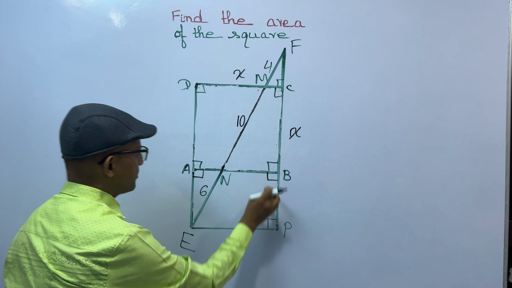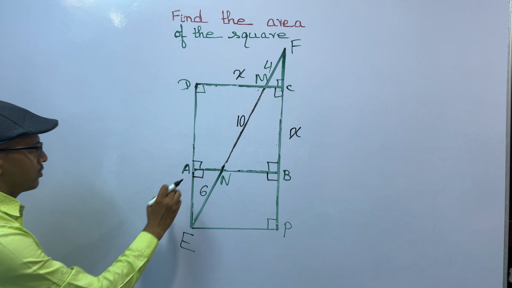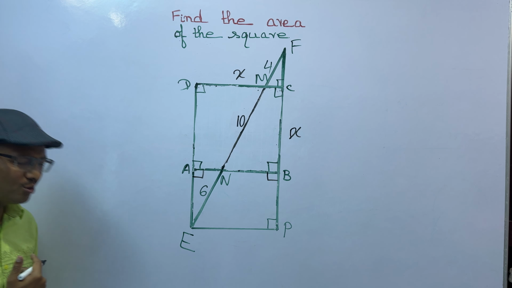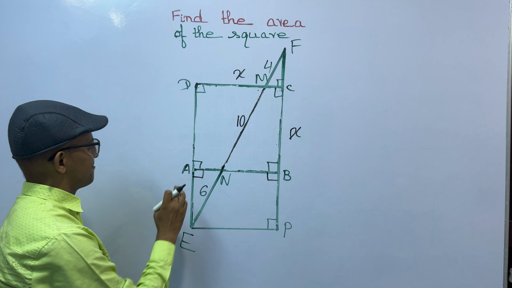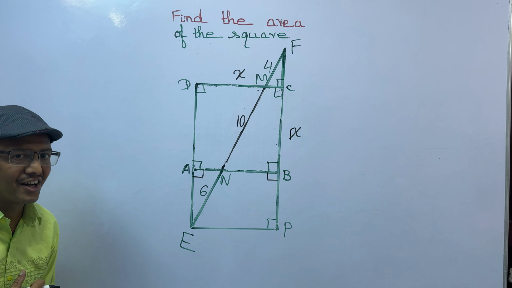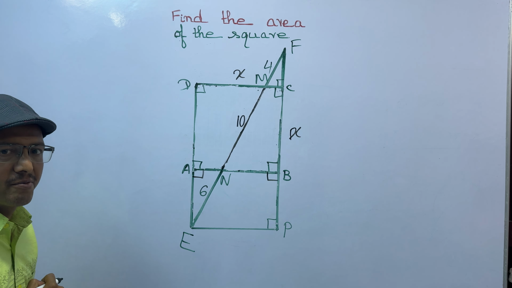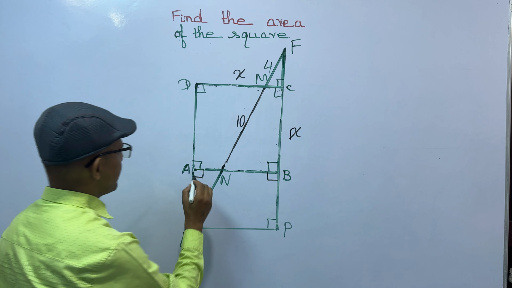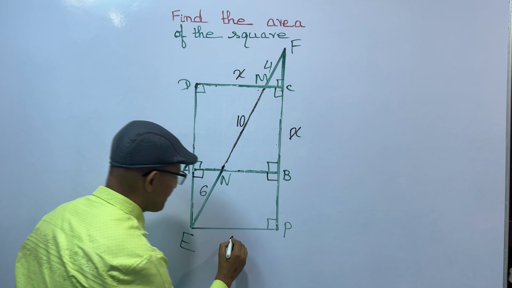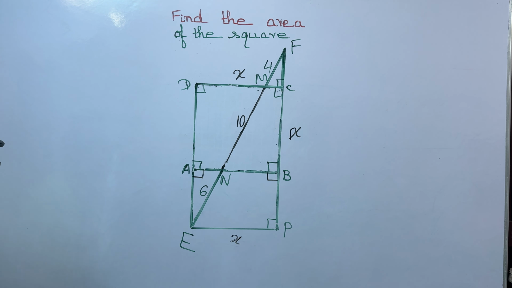So all the three angles are right angles. If we consider the quadrilateral ABP, then the fourth must also be a right angle. In fact, quadrilateral ABP must be a rectangle. And we know that opposite sides of a rectangle are equal. And if AB measures x unit, since opposite sides are equal, PE must also measure x unit.